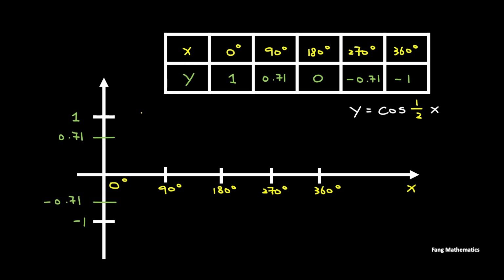We are to plot the coordinates on the Cartesian plane 0 degrees 1, 90 degrees 0.71, 180 degrees 0, 270 degrees minus 0.71, and 360 degrees. We are to join the coordinates. And this is the cosine graph that completes half the full cycle.